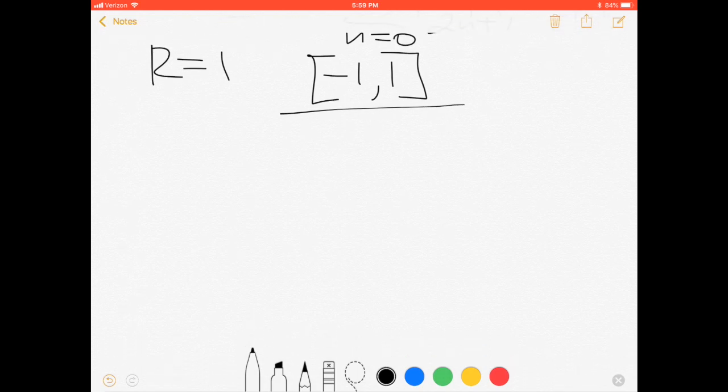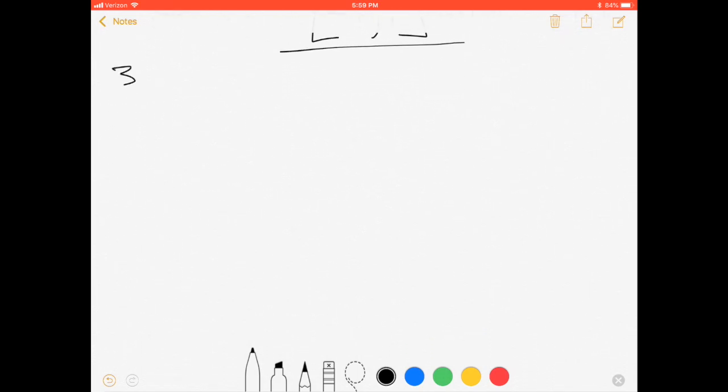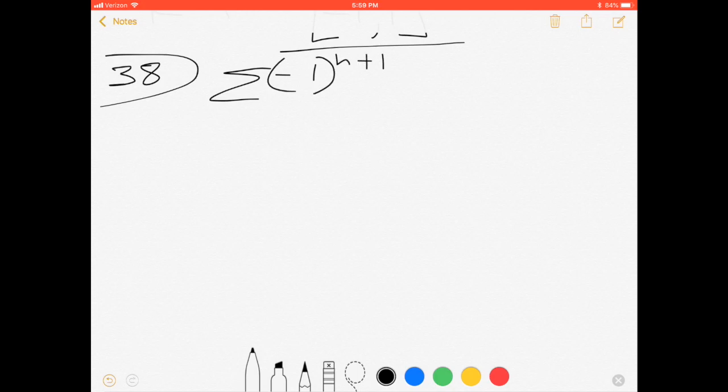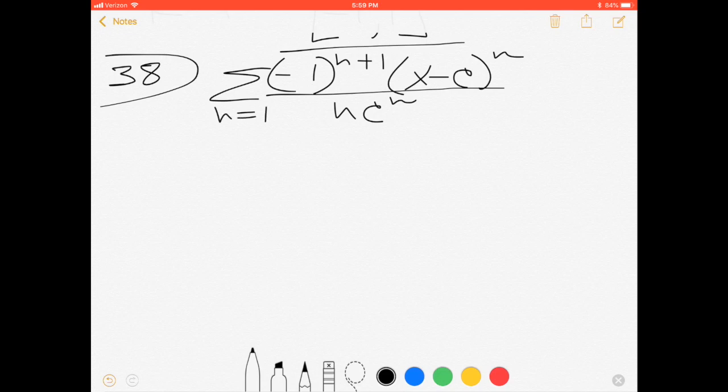Okay. Doing one more example, example 38. Here we have the series (-1)^(n+1) (x-c)^n over n c^n, where n starts from 1 to infinity. Try to find the radius and try to find the interval of convergence.